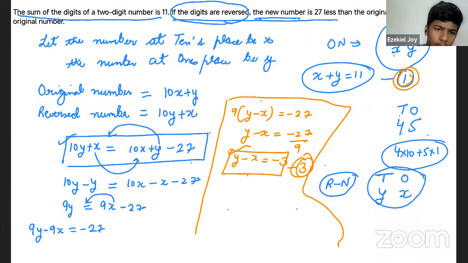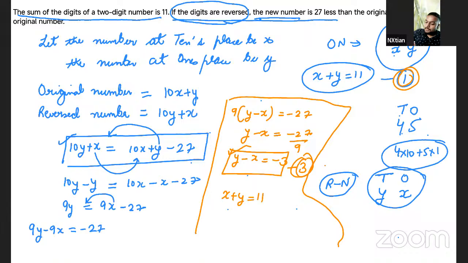For example, if I take x plus y is equal to 11 and minus x plus y is equal to minus 3. Now from this, 3y is equal to 8, y is equal to 4.